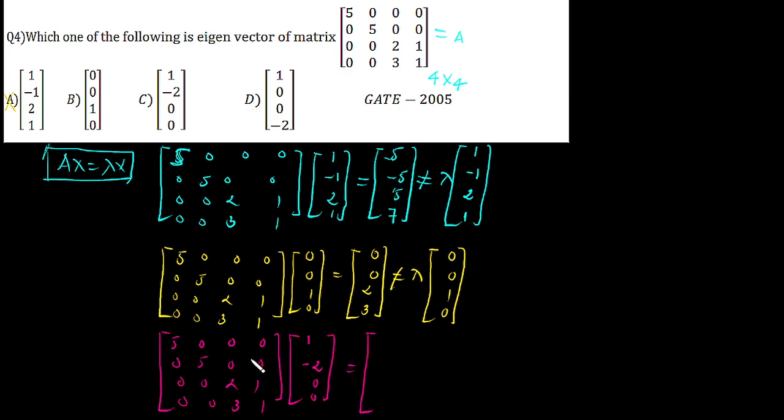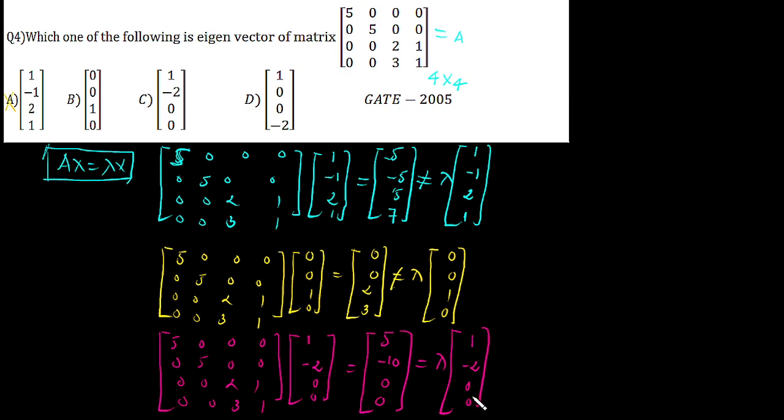Here the first entry will be plus 5, the second entry will be minus 10, the third entry will be 0, and the fourth one is also 0. Now the same procedure. Let's try to find some scalar to represent this vector 5, minus 10, 0, 0 as lambda times the initial one, 1, minus 2, 0, 0.